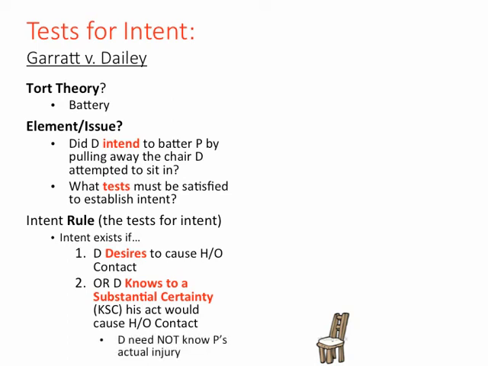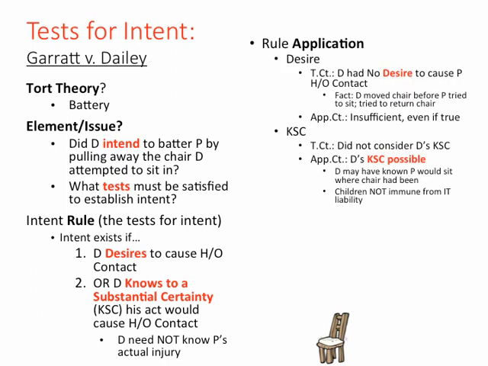Notice that the defendant does not have to know the precise injury that the plaintiff would suffer. That is, in this case, Brian Daly would not have to know that the woman would suffer a hip injury. He would just have to desire that some kind of harmful or offensive contact would occur, or he would have to know to a substantial certainty that that kind of general harmful or offensive contact might take place.